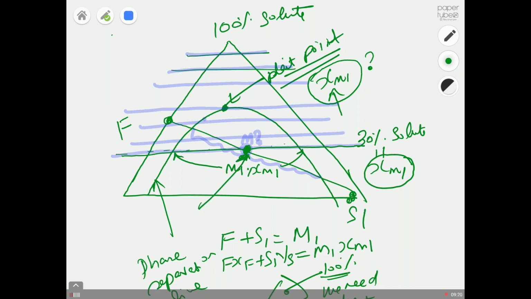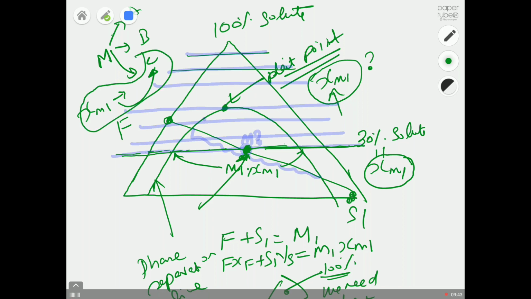Your M or your xM1 line, both are the same. If you are talking about M, then we know the composition of A, B, C. If you are talking about xM1, we know the percentage of solute in that mixture. So if you know xM1, we can draw this line, and from that we get our mixing point. This is one job that we need to do.